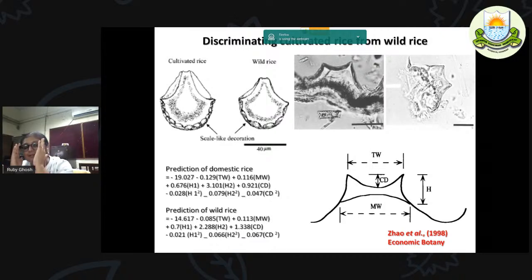past. And similarly, this bulliform flabellate is also very important, because wild rice and cultivated rice both produce these bulliform cells.